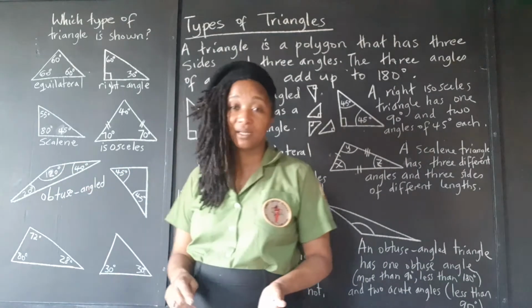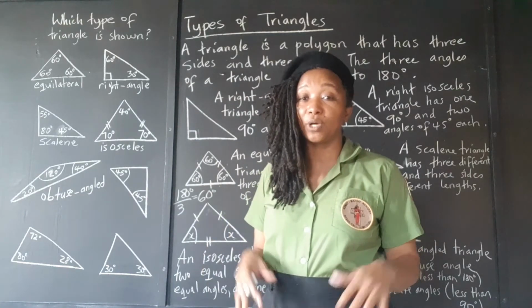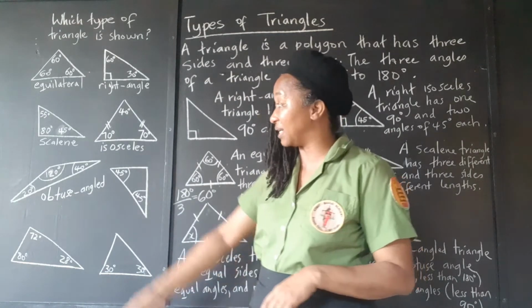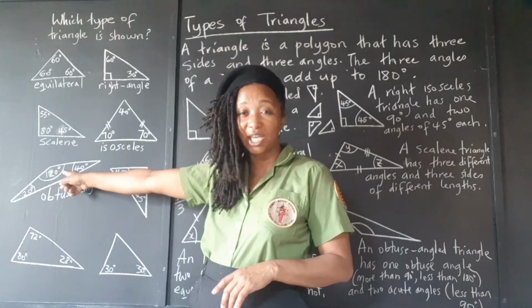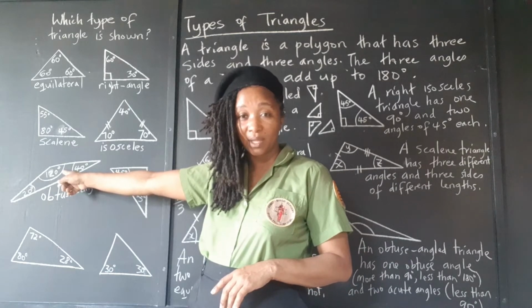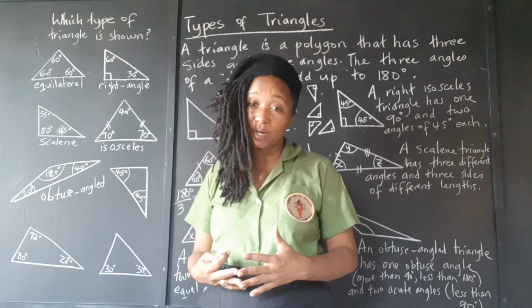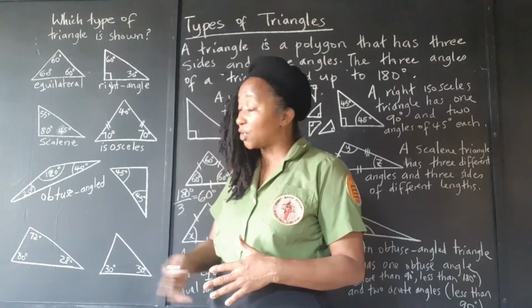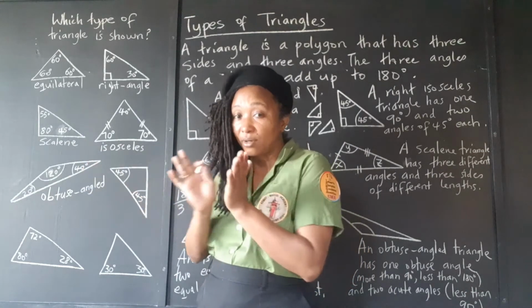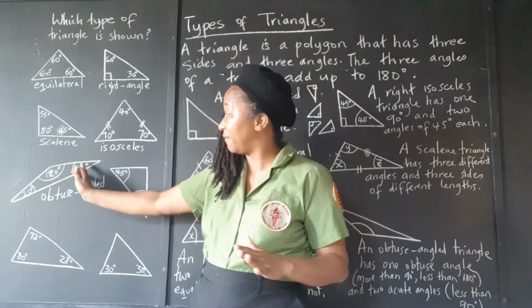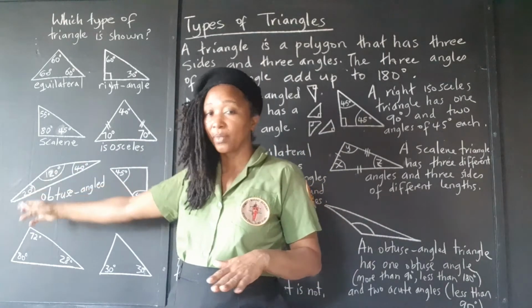And remember I said those acute angles are usually much, much less than 90 because this big guy here is taking up all the space, and they still must add to 180. So these two will be very narrow, very tiny angles.